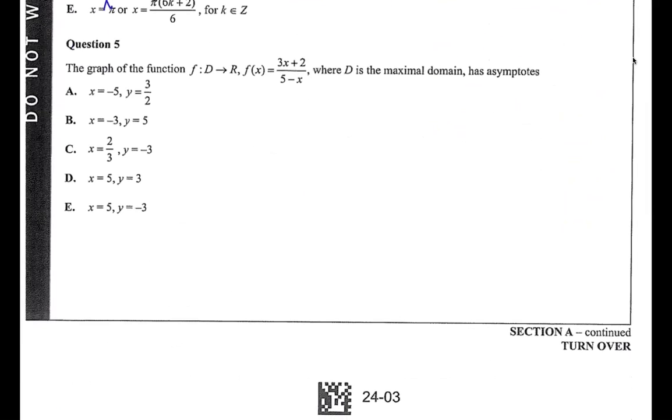Question 5. The graph of the function f defined on domain D. f of x is 3x plus 2 over 5 minus x. So I can put that expression in partial fraction form or proper fraction form. Let's have a look.